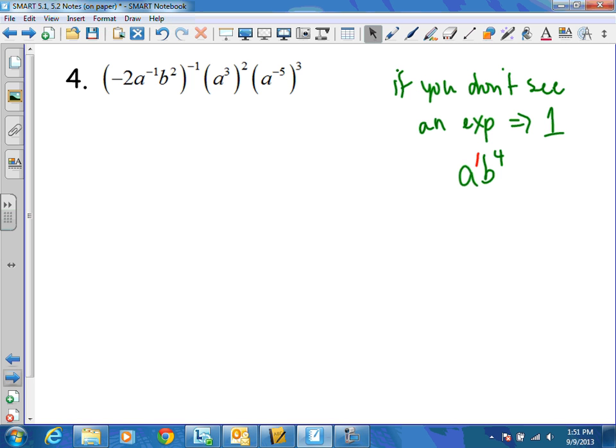Okay, so make sure you fill in those exponents of 1 as you're distributing. Don't leave them off. Negative 2, does it have an exponent? No, so I might write negative 2 to the 1 power, to the first, as I'm going along. Okay?